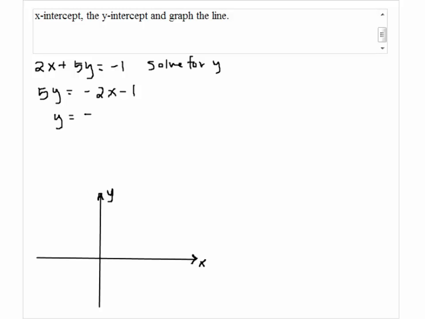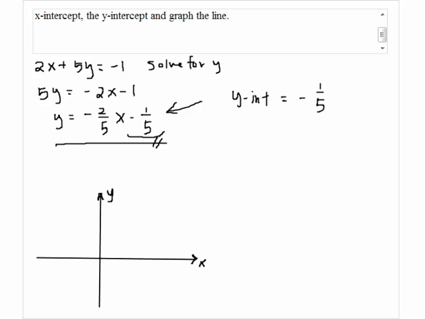So y equals negative 2 over 5 x minus 1 over 5. The y-intercept of the line is negative 1 over 5. That can be found in the slope-intercept form.